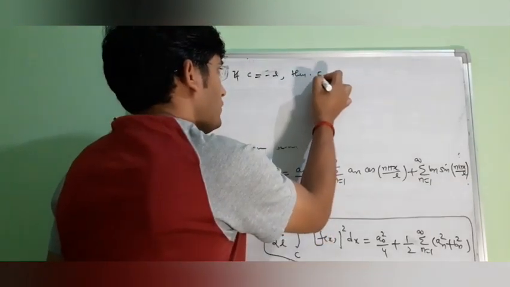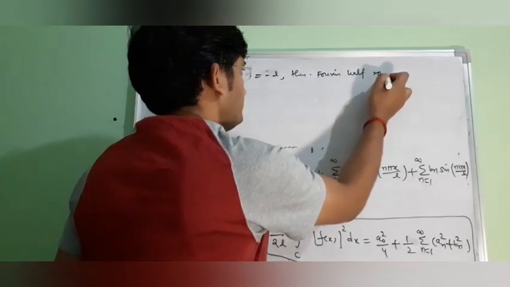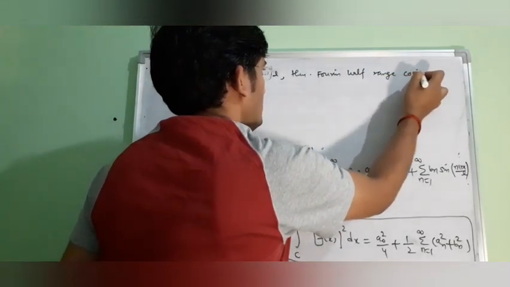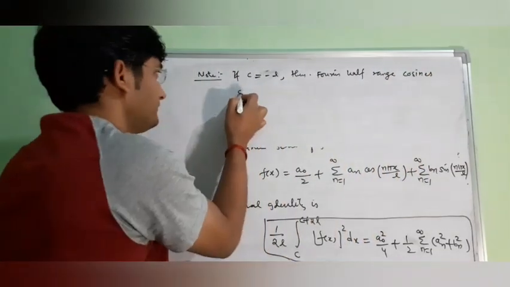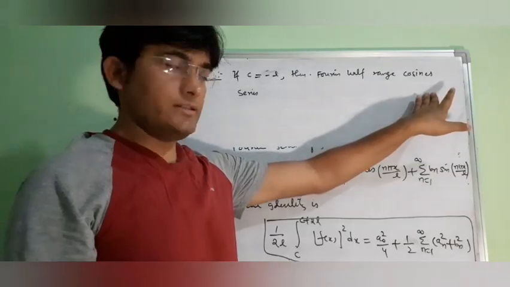Let us compute the Fourier half range cosine series.